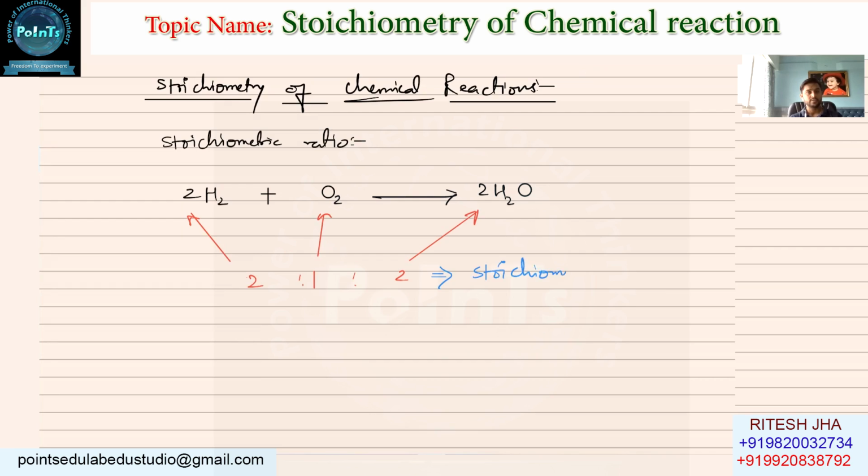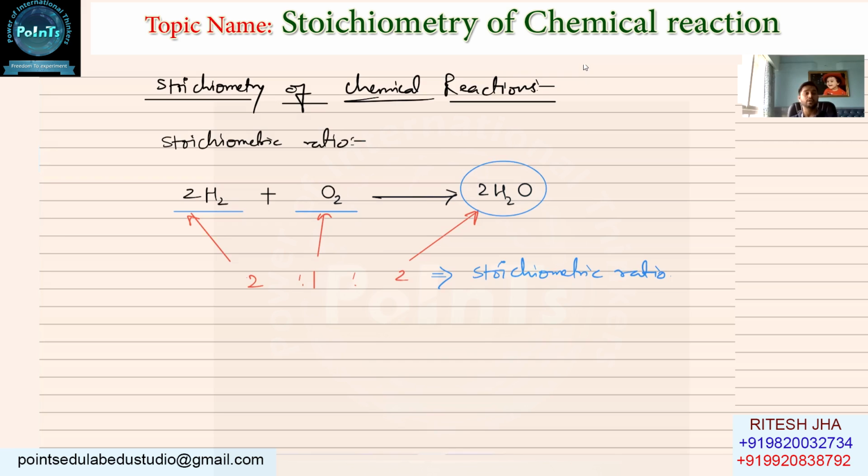What does this mean? If you're trying to make water from hydrogen and oxygen, one thing is sure: always 2 moles of hydrogen will combine with 1 mole of oxygen to form 2 moles of water. Whether you are forming it in a high temperature and pressure condition, a low temperature and pressure condition, on earth, inside a volcano, or in any part of the universe, this stoichiometric ratio is going to be constant.